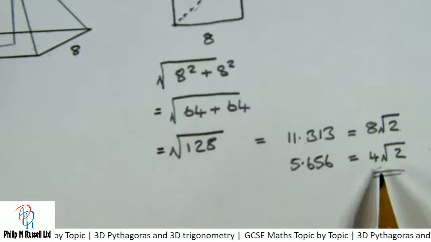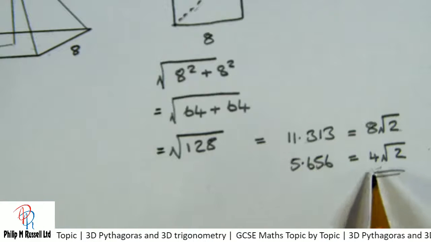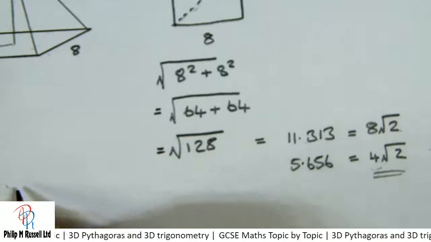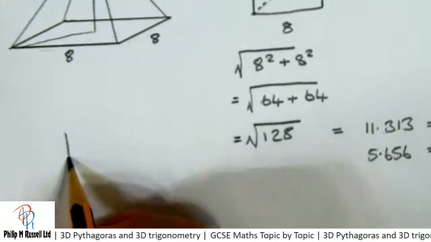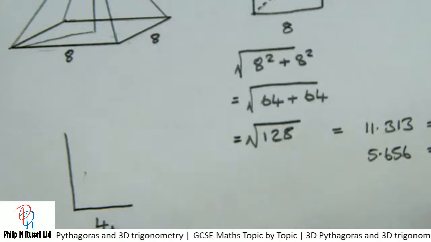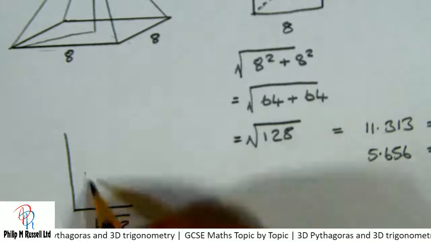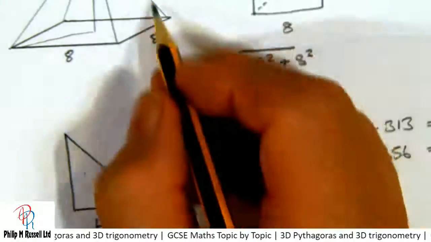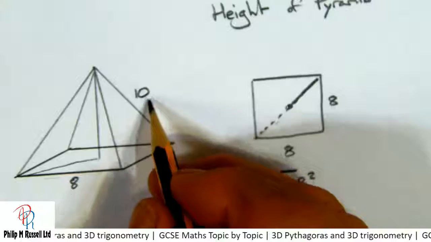I now want to work out how tall the pyramid is, so let's draw out that triangle. I know my base is 4 root 2. I know that my triangle side from my diagram was 10.